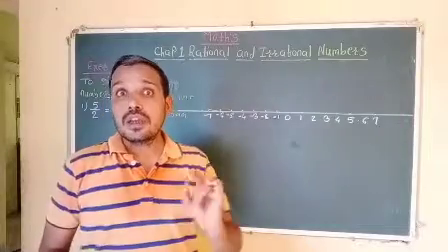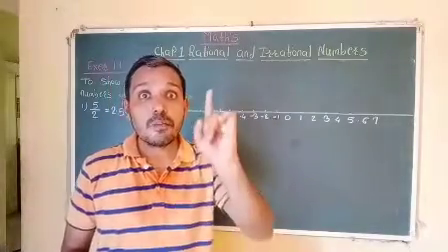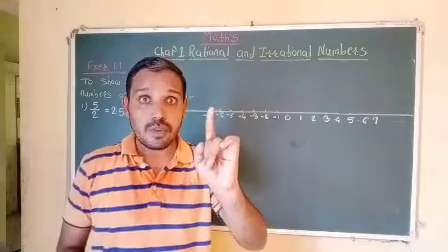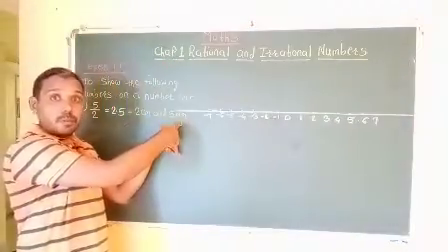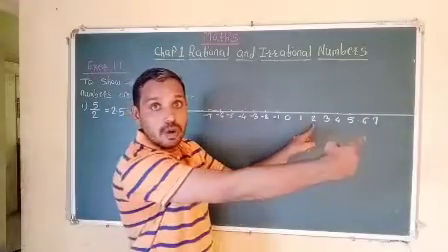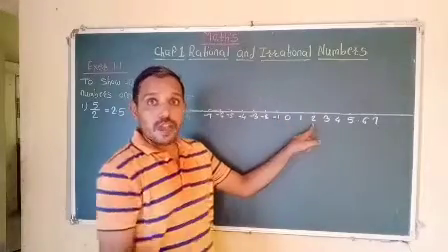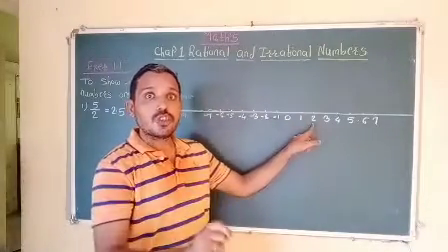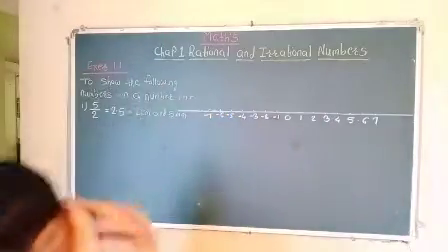Each single line shows a 1 millimeter distance. That is why we can say 2 centimeter and 5 millimeter. That means when we measure 5 millimeter distance above the 2, then we can show the actual position of 2.5 on that number line.